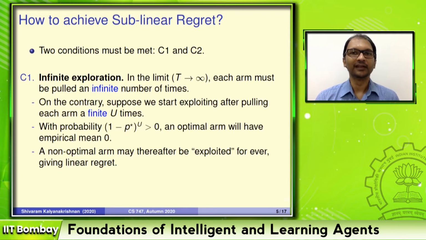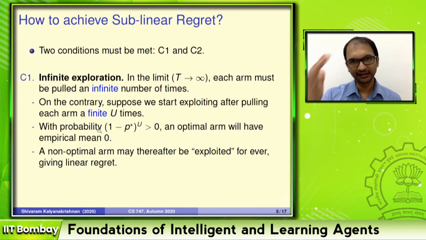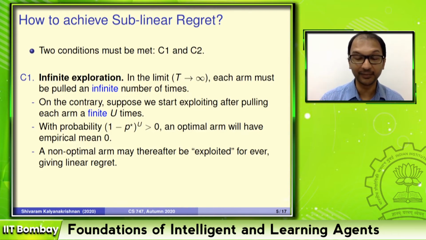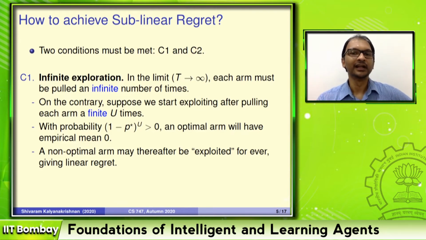Let me give you some intuition as to why we need this condition. Suppose, on the other hand, there is a particular arm that got pulled only a finite number of times. Let capital U be some finite number. It might be 10 or 23,000 or 10 million, but it's a finite number. It's not infinity.